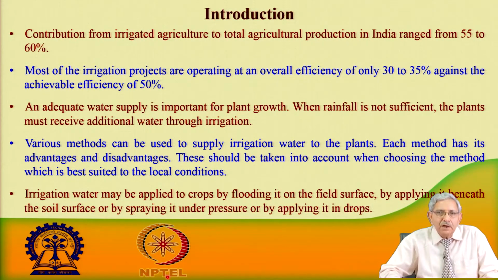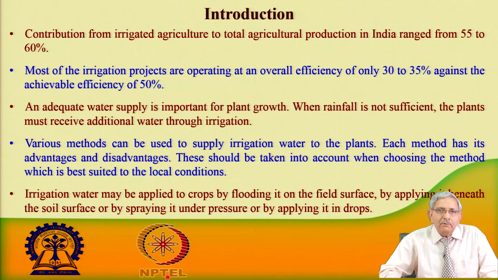The selection of a particular method depends upon the local conditions available there, meaning type of soil, type of crop to be grown, and the main thing is the economic status of the person who is adopting a particular method.